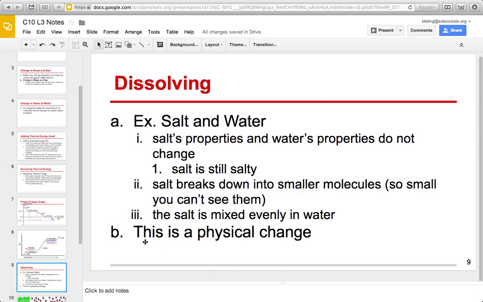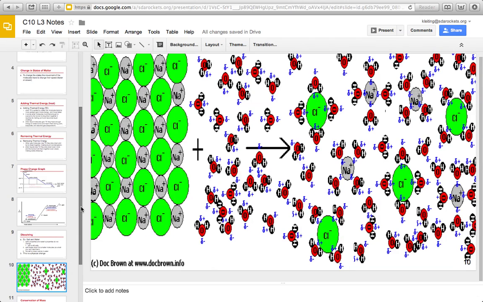Make sure you know that this is a physical change. This is not a chemical change, which is what we're going to be talking about in the next lesson. So here is our blown up picture. NaCl over here is salt, sodium chloride, maybe you've heard it called that. And our little HOH, that's H2O, which is water, right?